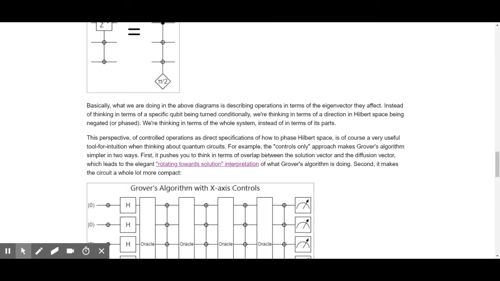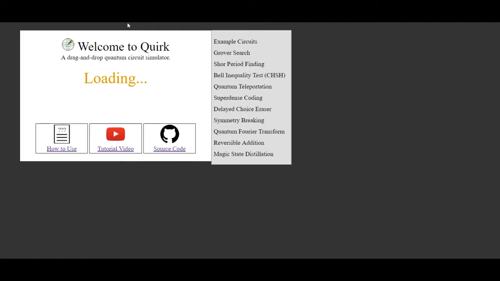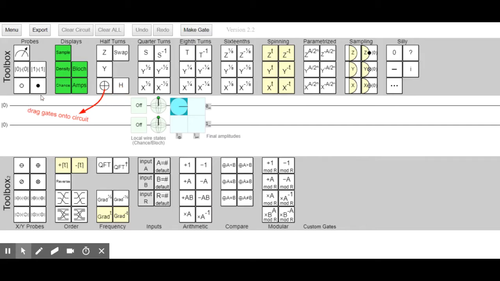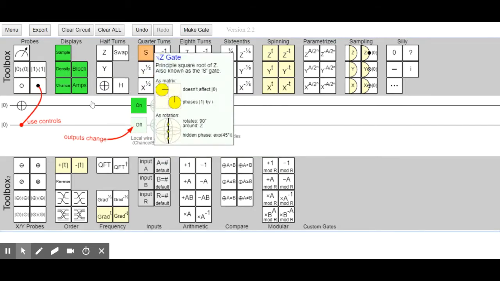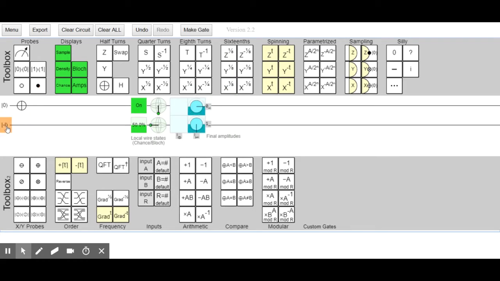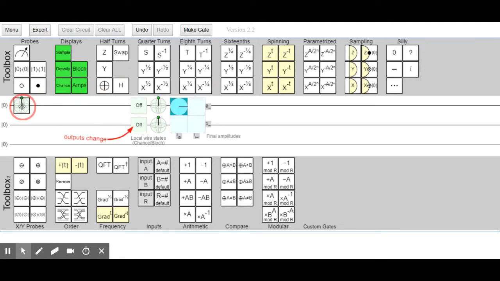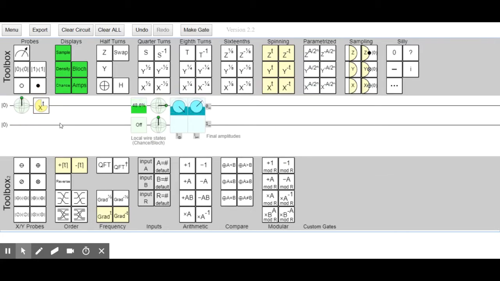So let me get another Quirk, and I want to get an X gate. Can I just get rid of this one? A Bloch sphere and rotation in the X, and sorry, the Bloch sphere is here. Okay, it goes through, of course, the x-axis like that. Okay, because that's the X that rotates. Yeah.